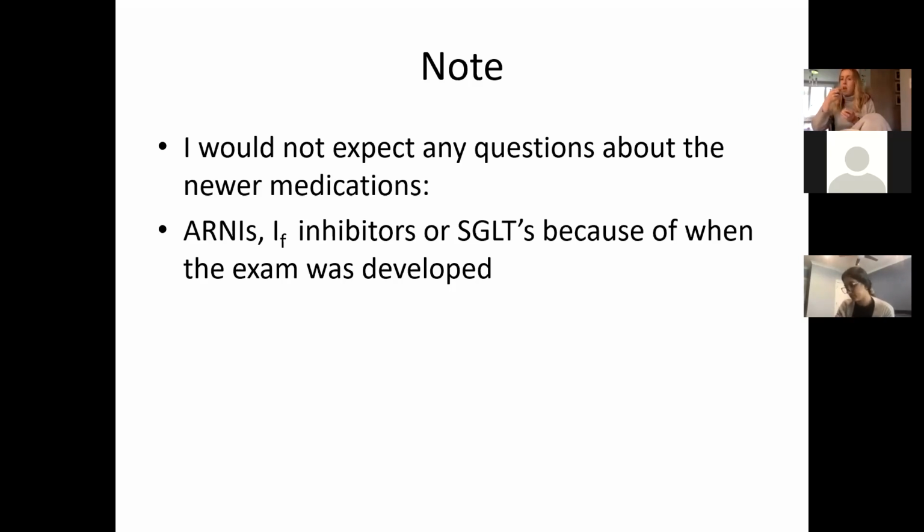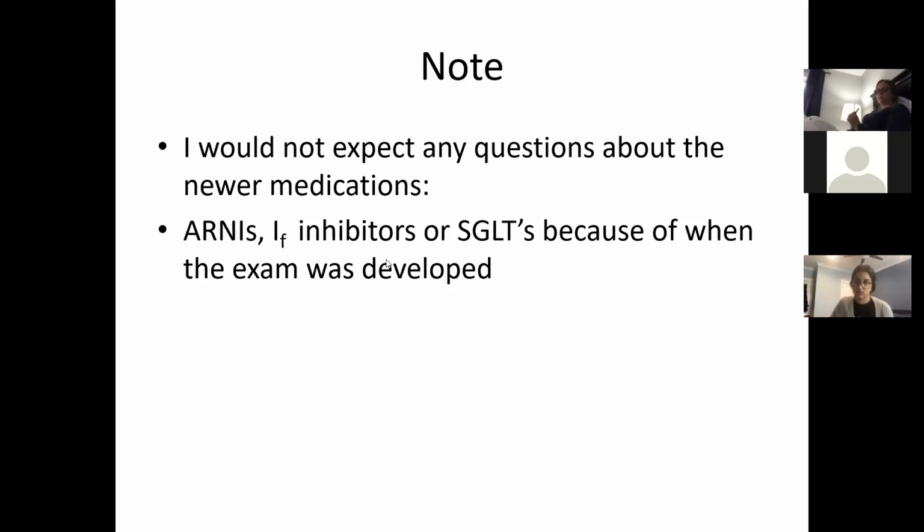What would be a suitable alternative? Would you use an ARB? Yep. So the patient has this dry hacking cough, new since the start of ACE inhibitors. Then they will DC the ACE inhibitors and they will add ARBs.